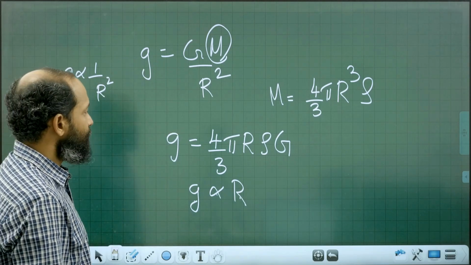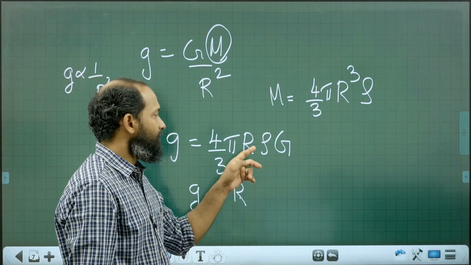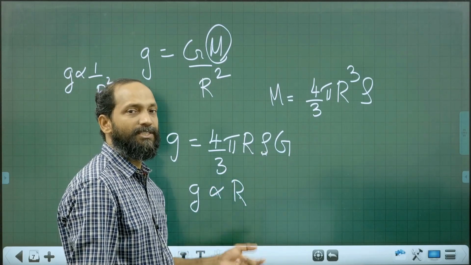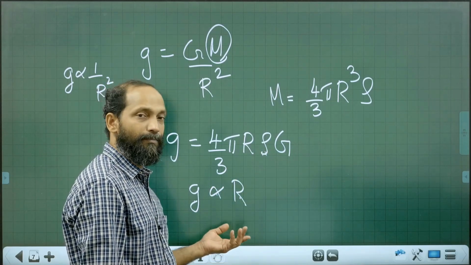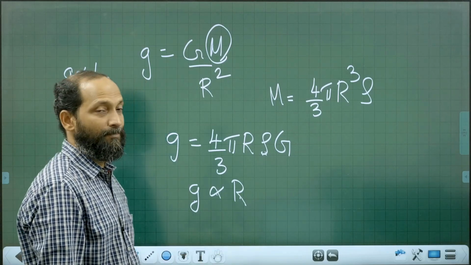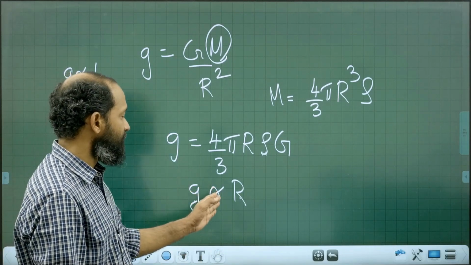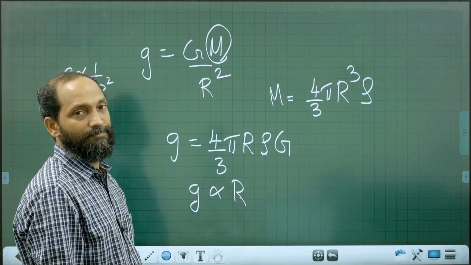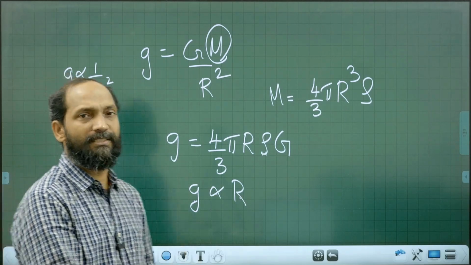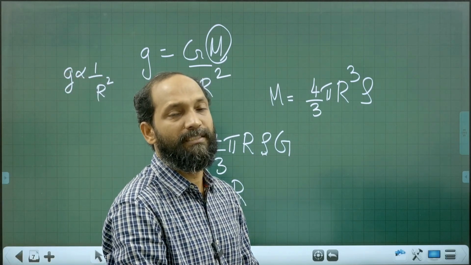Similarly, if there are two planets having the same average densities, but their radii are different, then use the formula g proportional to r. So what factors does acceleration due to gravity depend on?